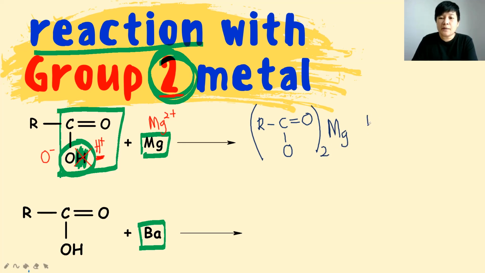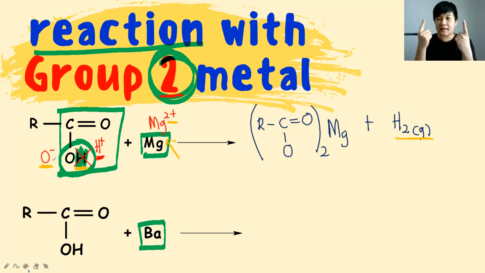And the byproduct that you form will no longer be half hydrogen gas. The byproduct that you form will be a full hydrogen gas, not a half hydrogen gas, because we are going to remove 2 hydrogen, alright, from 2 different carboxylic acids combined with 1 Mg2+, due to the presence of 2 positive and the oxygen is only O-.